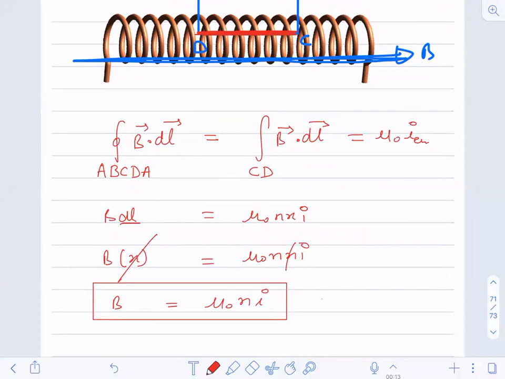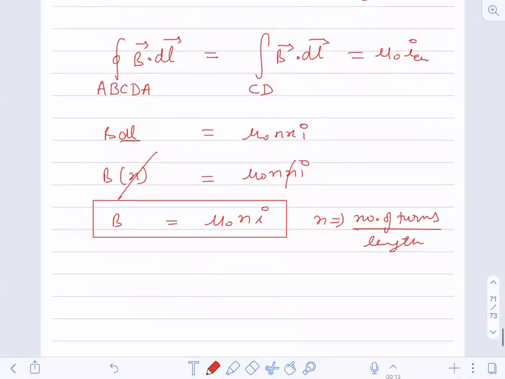Did you get it? Where n is what? n is the number of turns per unit length, total number of turns divided by length. It's not only the number of turns, it is the number of turns per unit length.